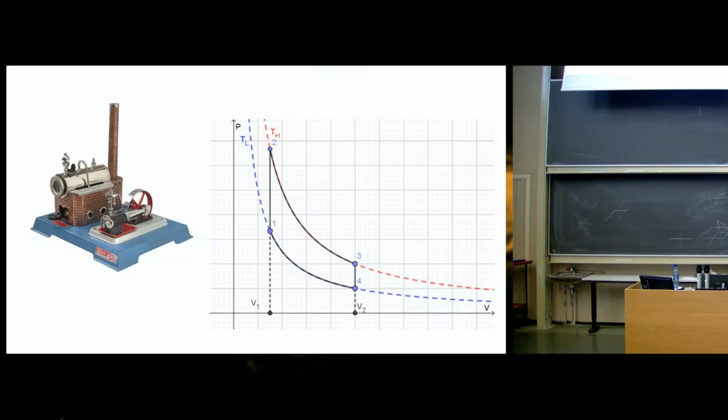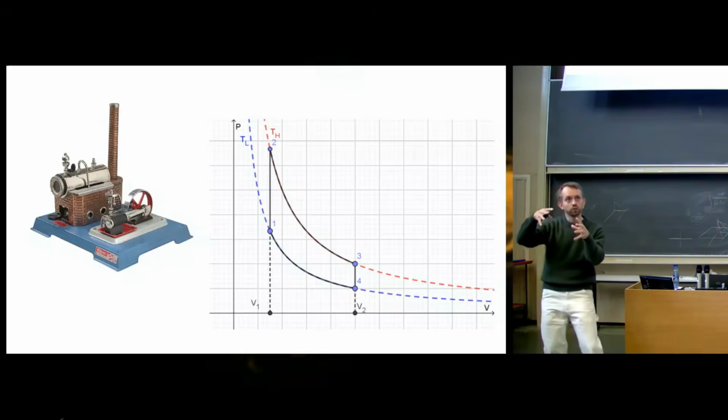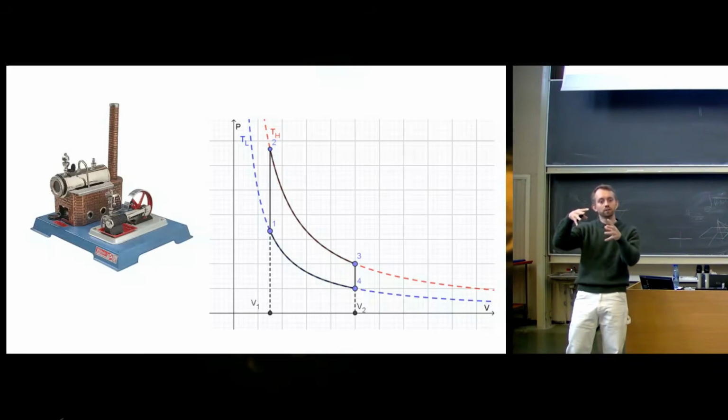So we start here, 1. And we keep the volume constant, but we increase the pressure. What are we doing to the gas? Yes, here. It's isochoric, but physically, what are we doing to it? It's isochoric because the volume is constant, yes, but what are we doing? Why are we warming it?